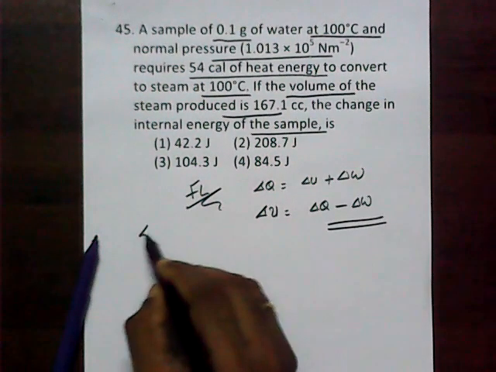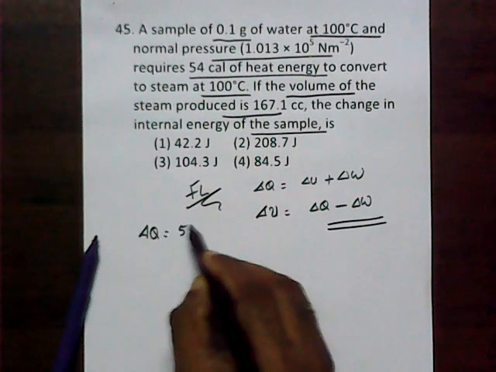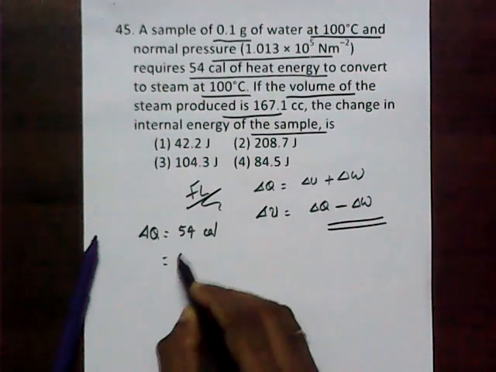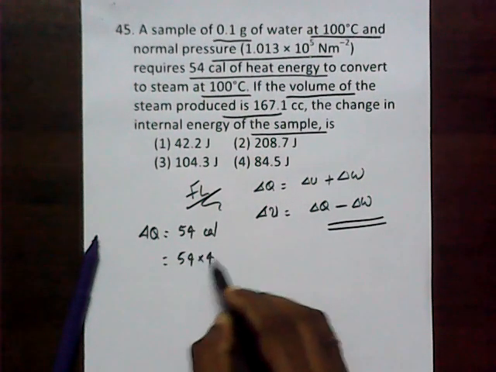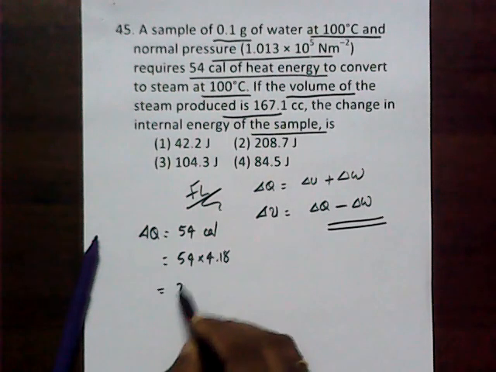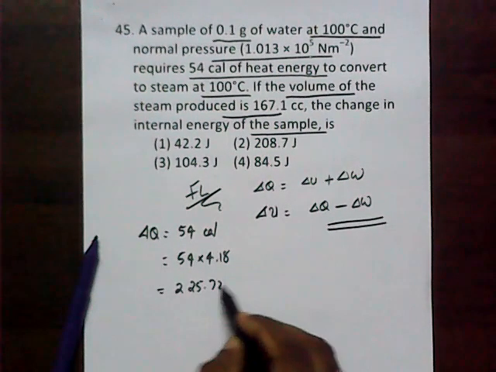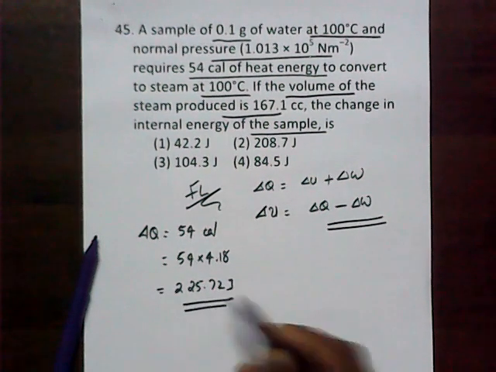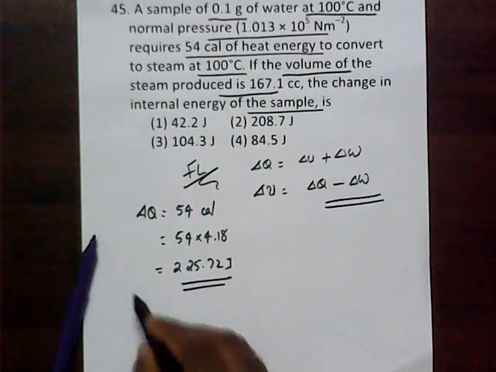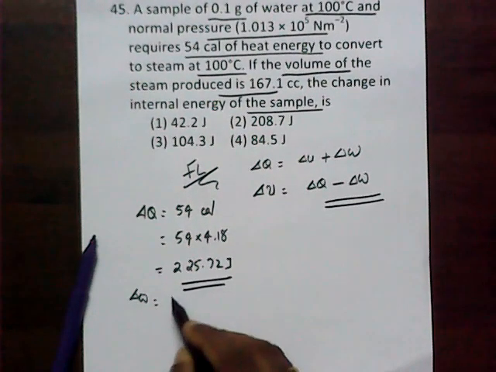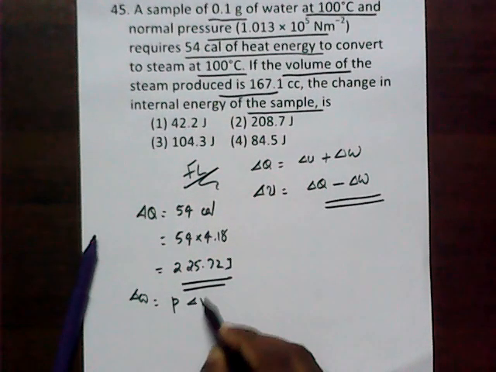It is given the value of dQ as 54 calorie. We can convert it into joule by multiplying by 4.18. You get the value as 225.72 joule. And what is the work done? It is nothing but the pressure into the change in volume.